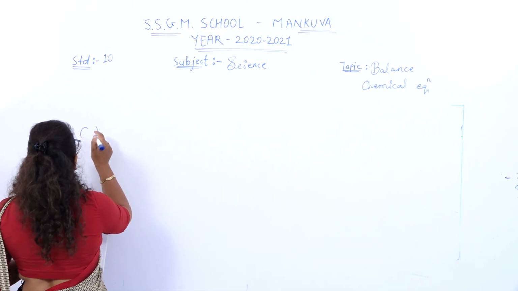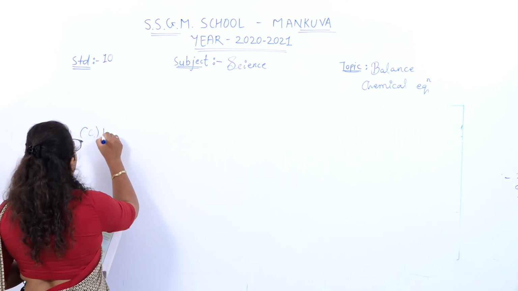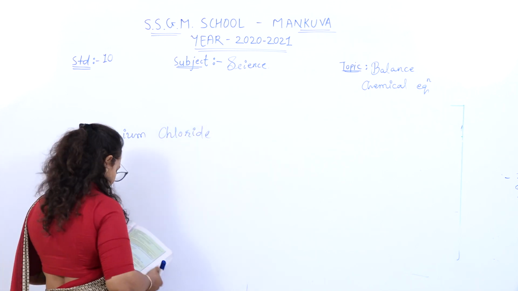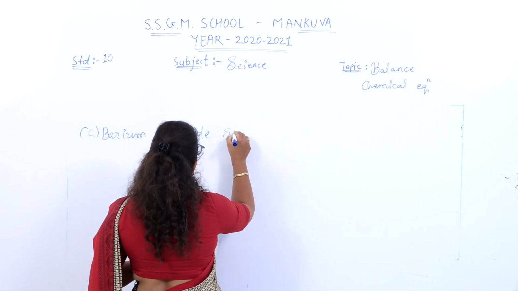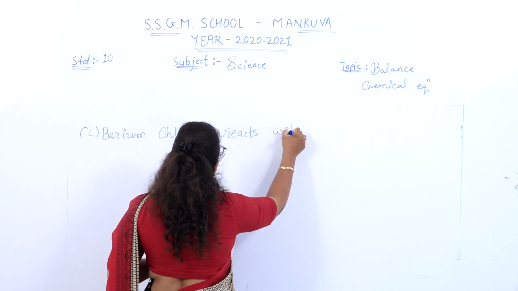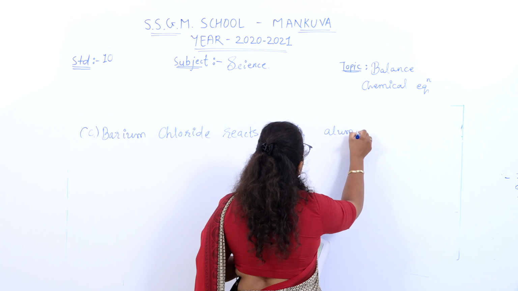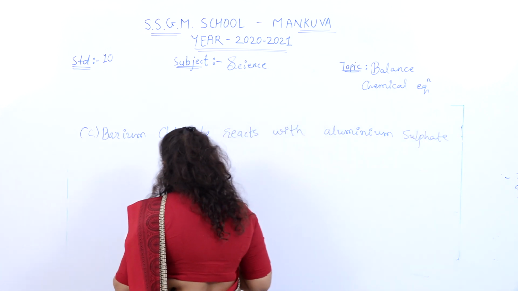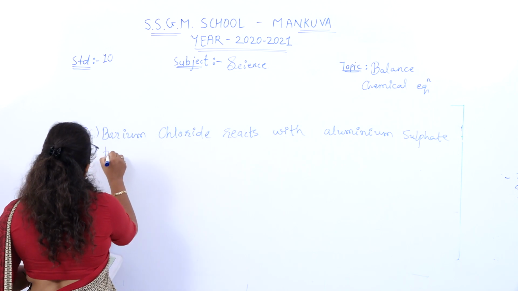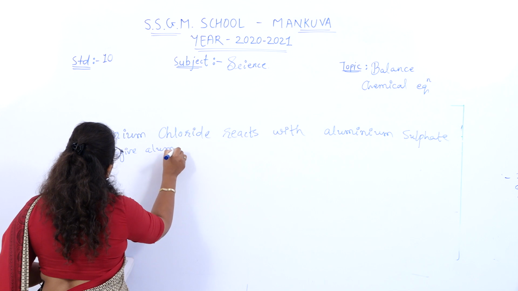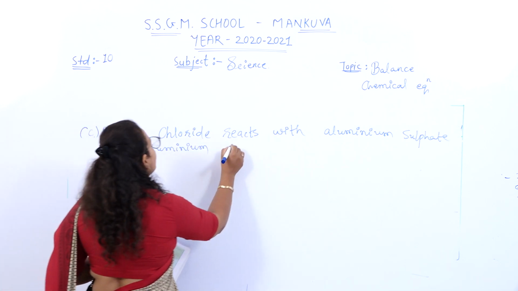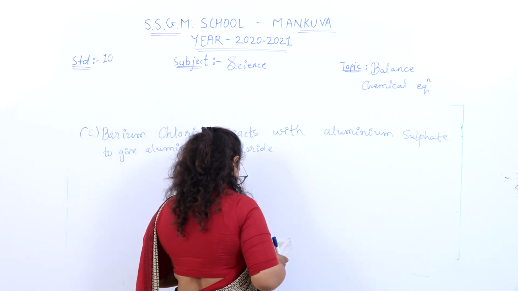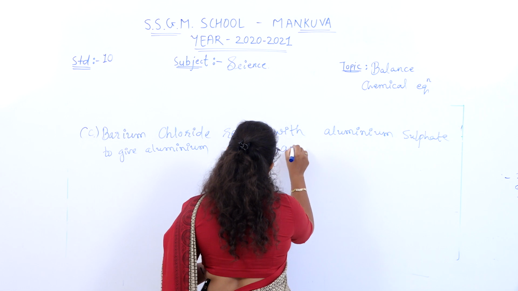C: barium chloride reacts with aluminum sulfate to give aluminum chloride and a precipitate of barium sulfate.